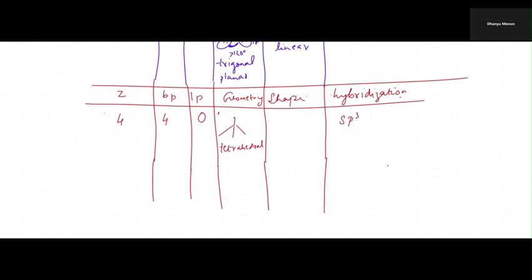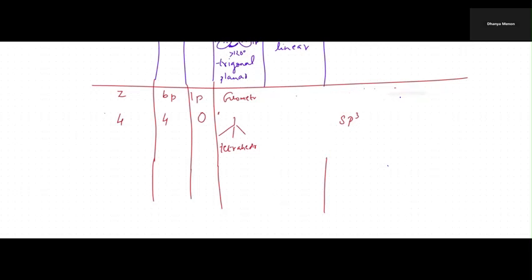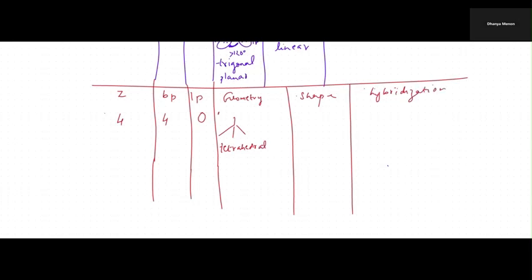So geometry, shape, hybridization. Tetrahedral. Okay. Now, if lone pair is equal to 0, geometry is same as shape. So same as geometry. And the hybridization is sp3.